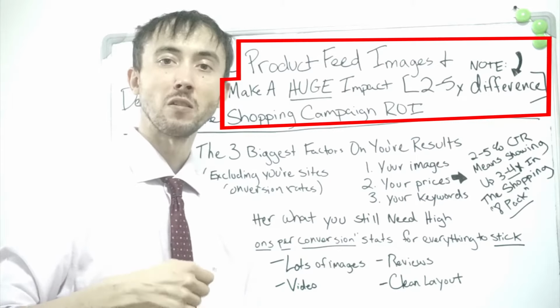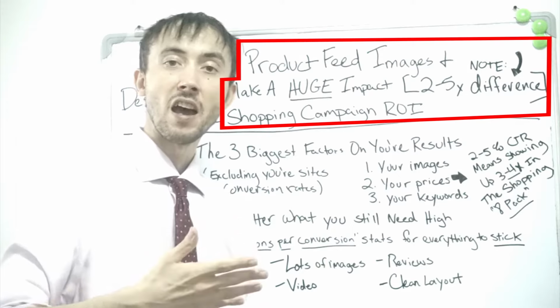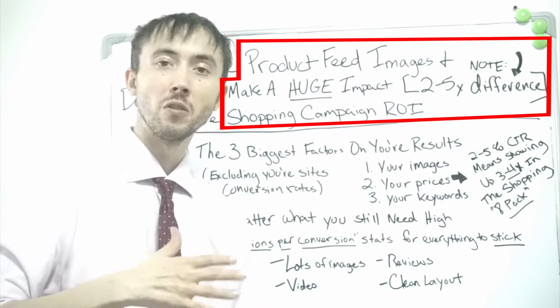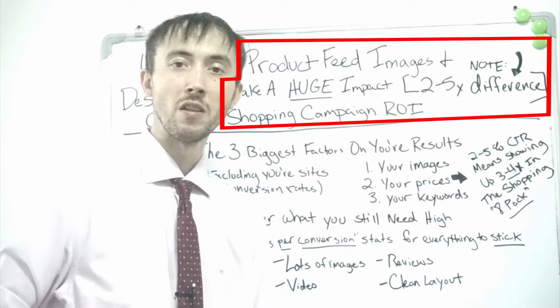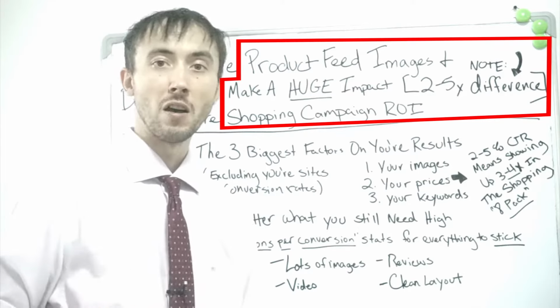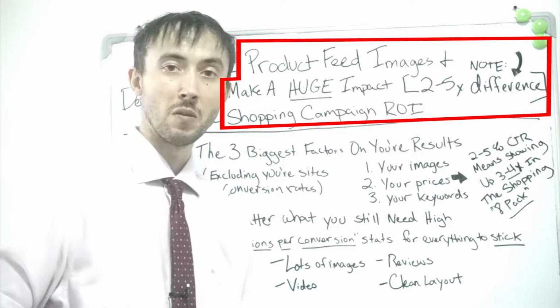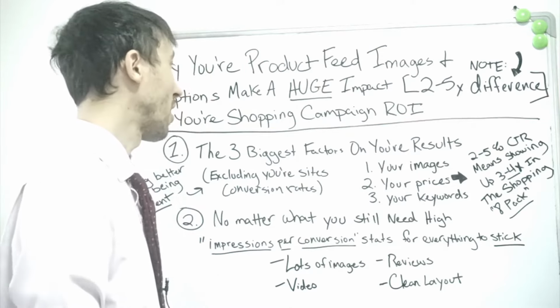And so everything is about the feedback and the algorithm and how they identify and grade, if you will, the feed that you have, but you have a lot more control over it than you think. And it's not just uploading your product feed directly to Google Merchant Center and then setting up a shopping campaign, and you're done. So anyway, how do you raise the ROI?